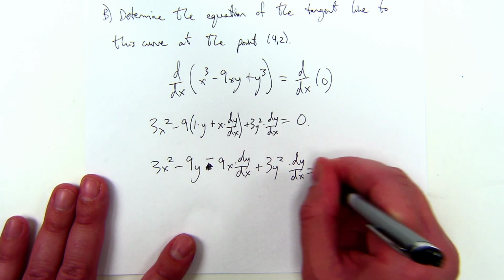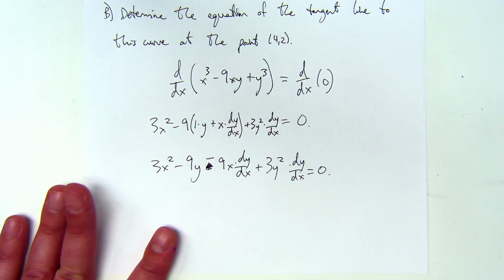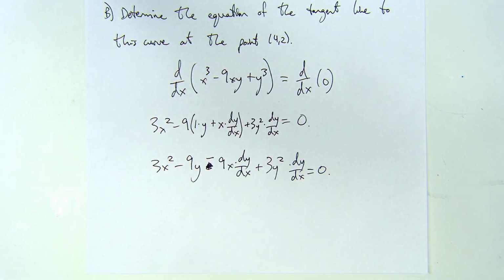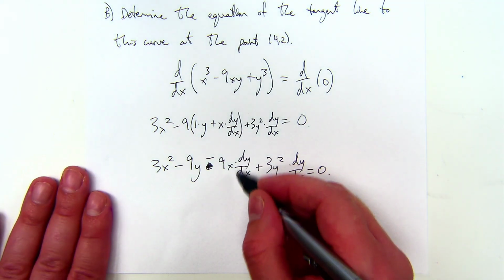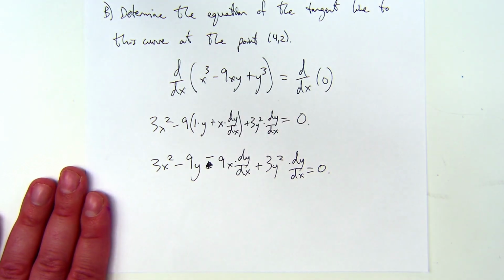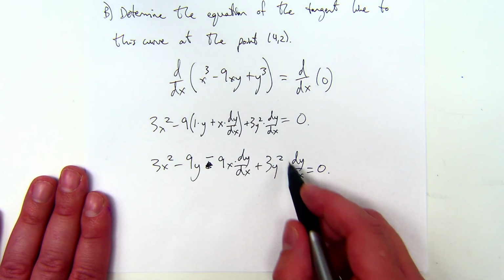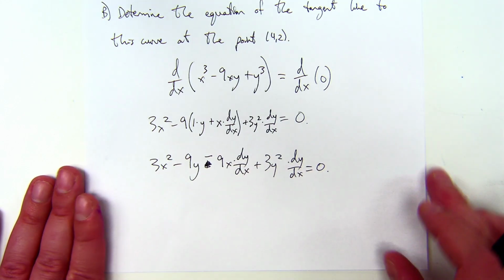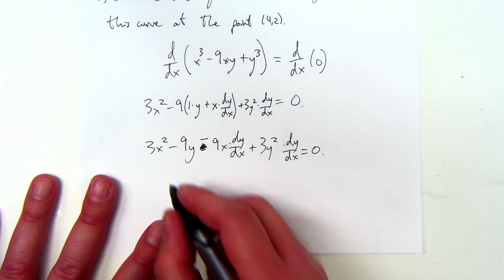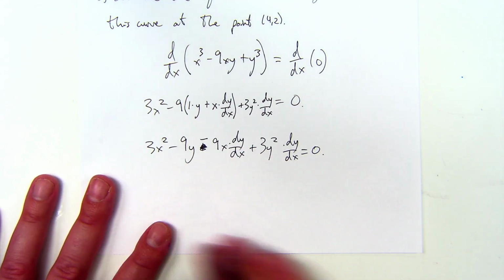What we're looking for here is to write down dy dx as an expression in terms of x and y and some constants, right? So what we would like to do is isolate everything with dy dx on one side, and think of it as solving any other sort of linear equation. We need to get this quantity by itself, so we're going to factor it out, and then we're going to divide. So you'll see what I mean, I hope. Everything without dy dx, we're going to move to the right.